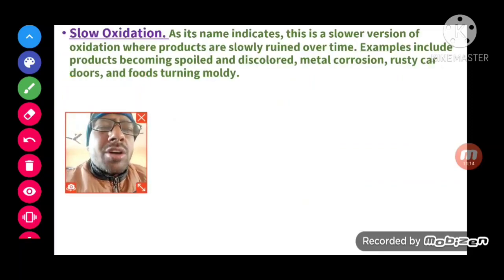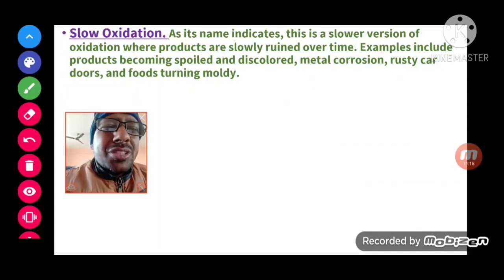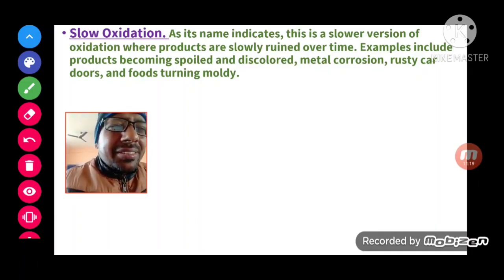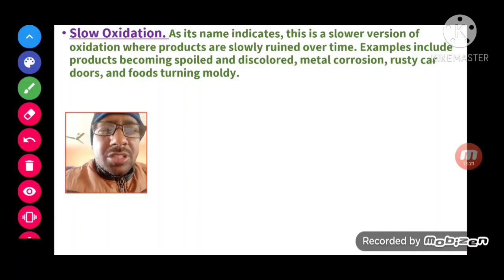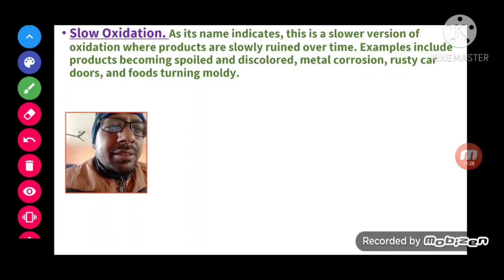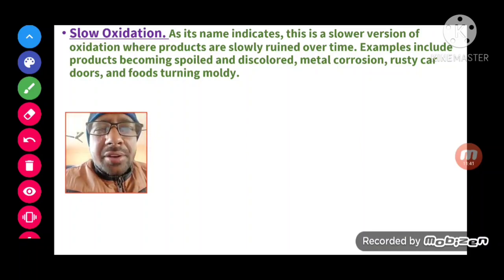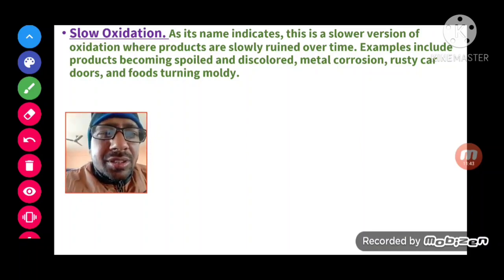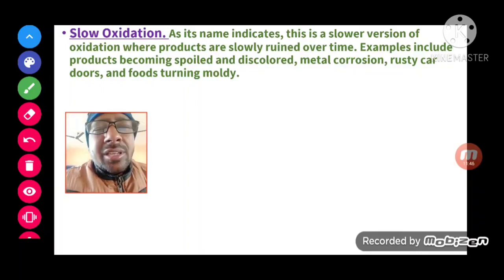Next, slow oxidation. What is slow oxidation? As its name indicates, it is the slower version of oxidation. Yes, my dear students, it is very clear. It is a slower version where products are slowly ruined over time. Examples: products become spoiled and discolored, metal corrosion, a rusty car door, and food turning moldy, meaning rotting of food, and rusting.